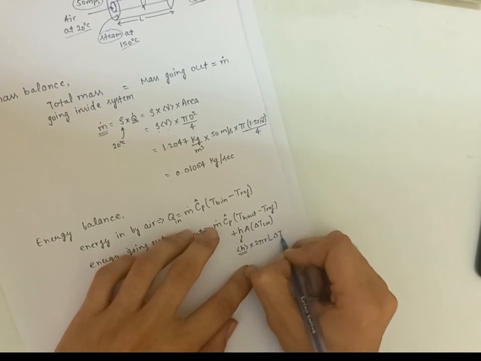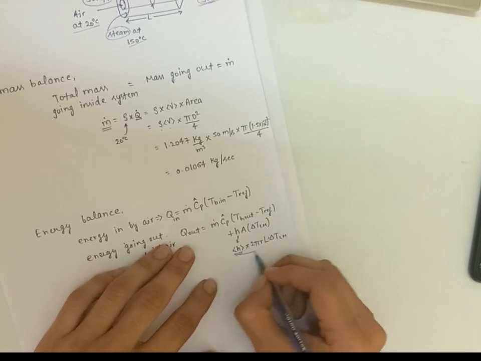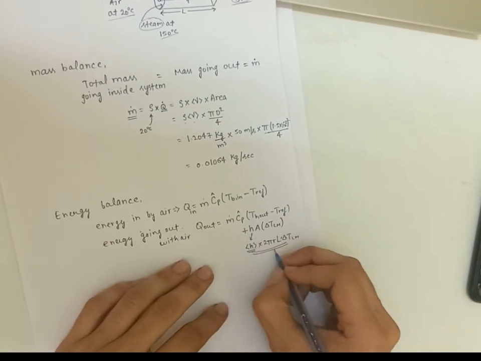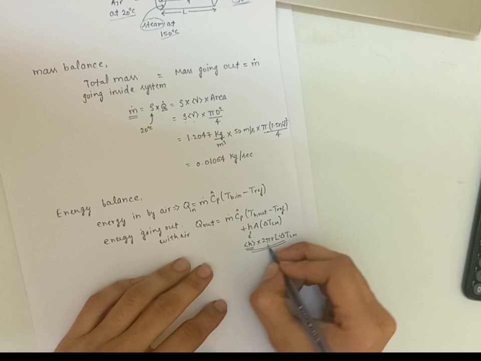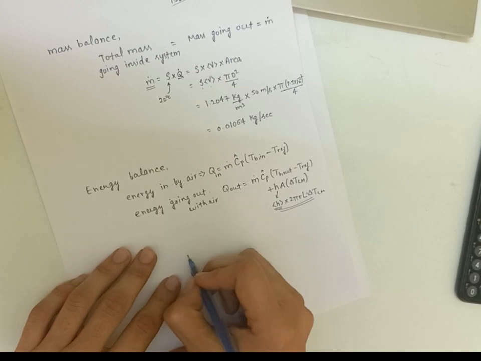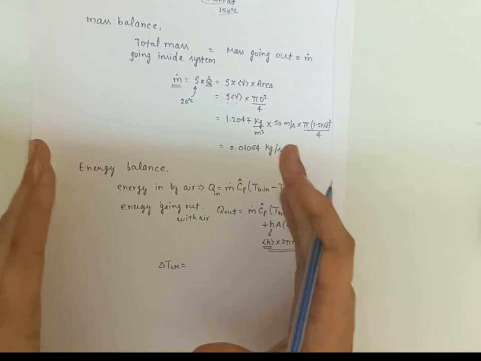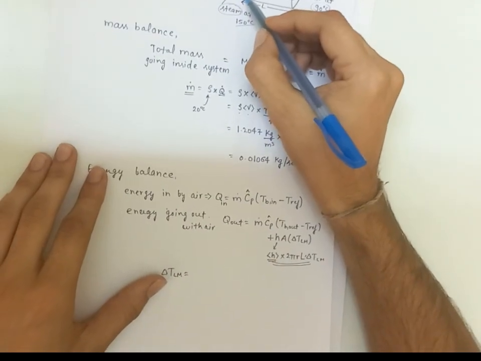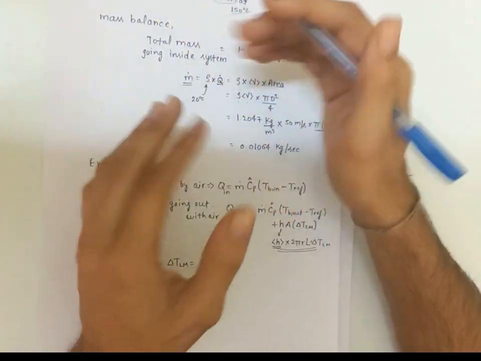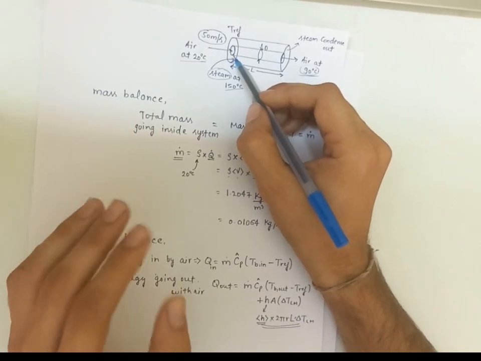And now we have this delta T_lm, which can be written in the expanded form like that. We can also write 2r as d, so this formula can be written as h into pi d L into delta T_lm. Now this delta T_lm is basically the logarithmic mean of the change in temperature, because when the steam is going from one side to the other, there is a mean temperature difference between the air and the steam, because the steam temperature is reducing and the air temperature is rising.